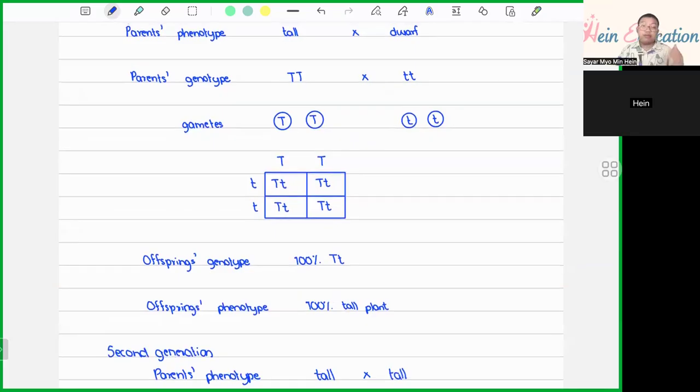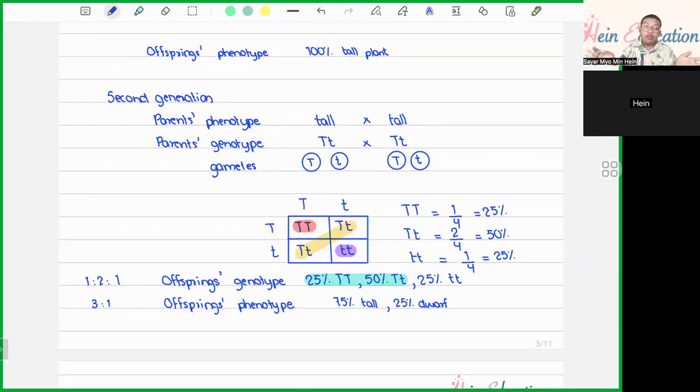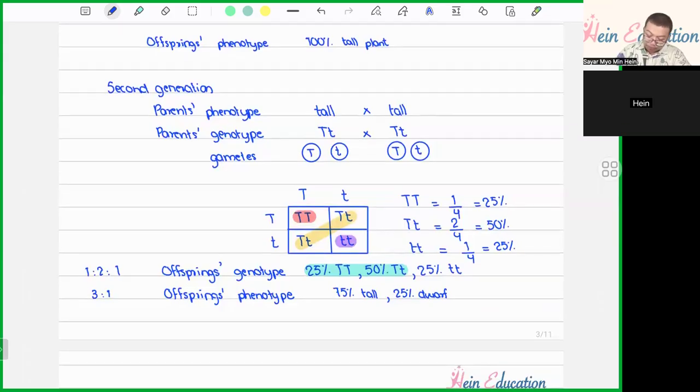So this is my first example showing two generations. The first generation, with tall and dwarf, gives all tall. But when we cross all those tall plants together, they give you the range of both tall and dwarf, and we can see the probability and ratio. So this is the very first intro simple example for complete dominance.